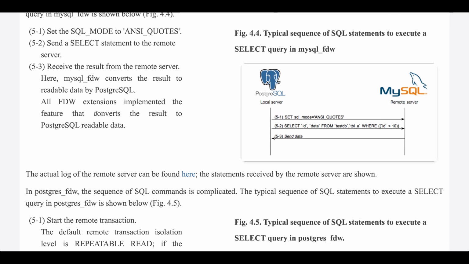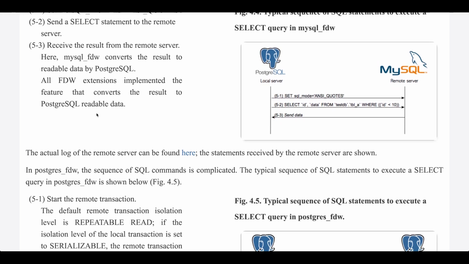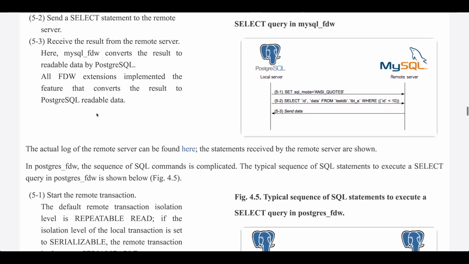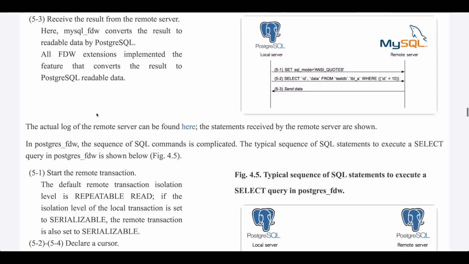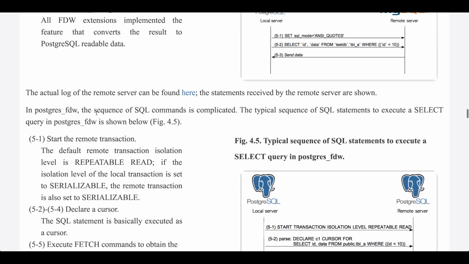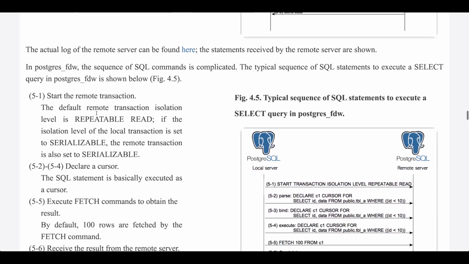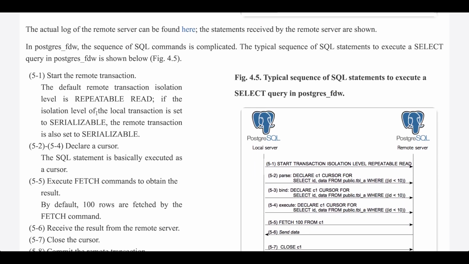All foreign data wrapper extensions implement the feature that converts the result to Postgres-readable data. The actual log of the remote server can be found here, and the statements received by the remote server are shown. In postgres_fdw, the sequence of SQL statements is complicated.